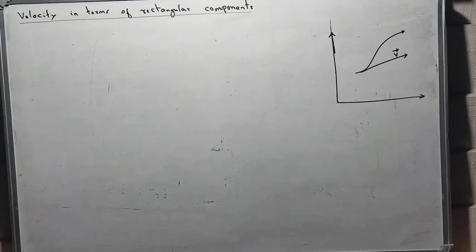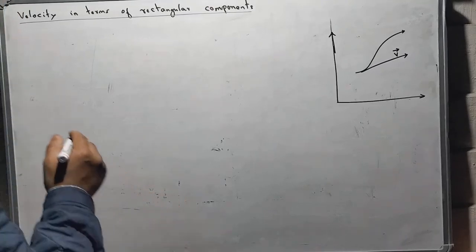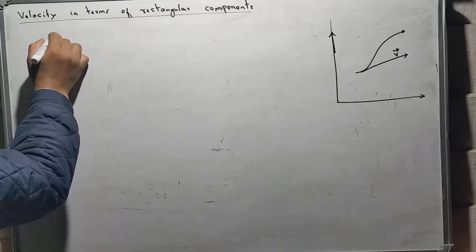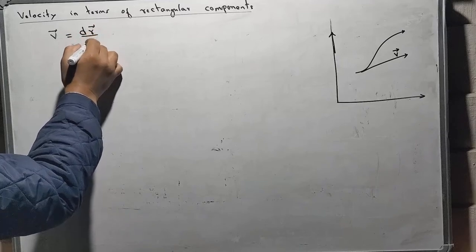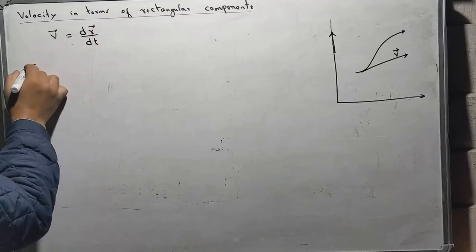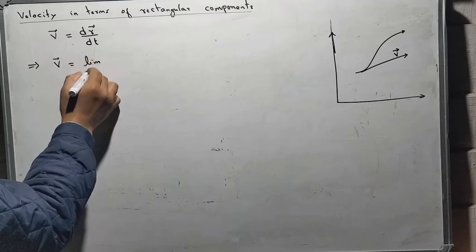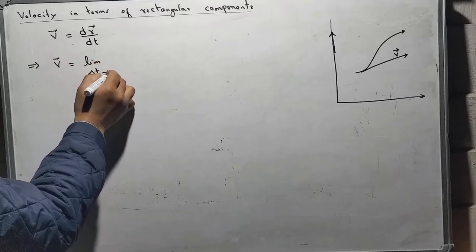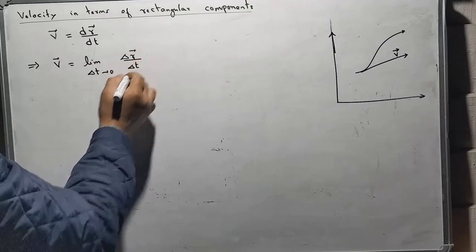Velocity in terms of rectangular components. We have seen that the mathematical expression of the instantaneous velocity is written as v vector equals dr vector upon dt, or v vector is equal to limit delta t tends to 0 of delta r vector upon delta t.